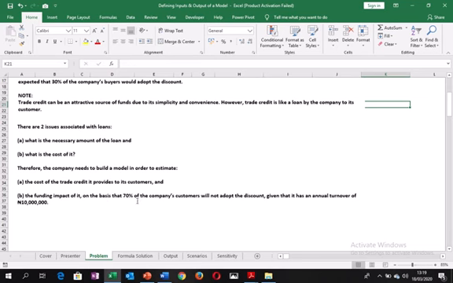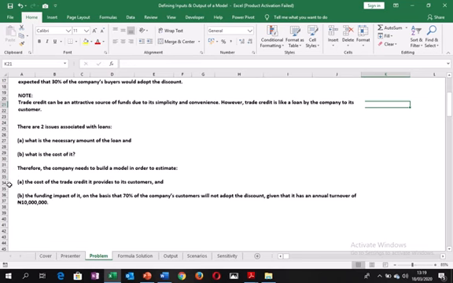So what is the funding impact of it? The cost of funds, what is it? That's another question the company is asking, which is the second output that the company requires from this problem. So this is how to identify outputs from a particular problem.